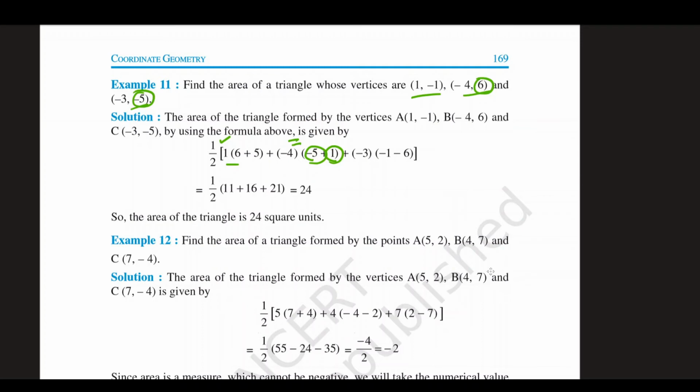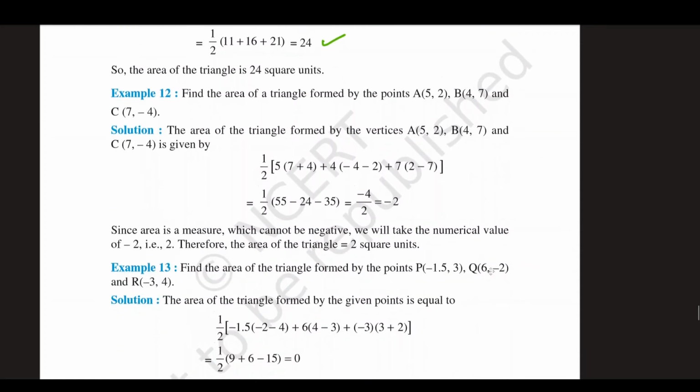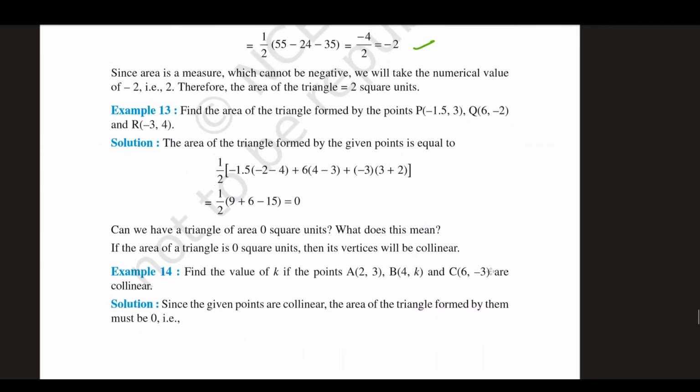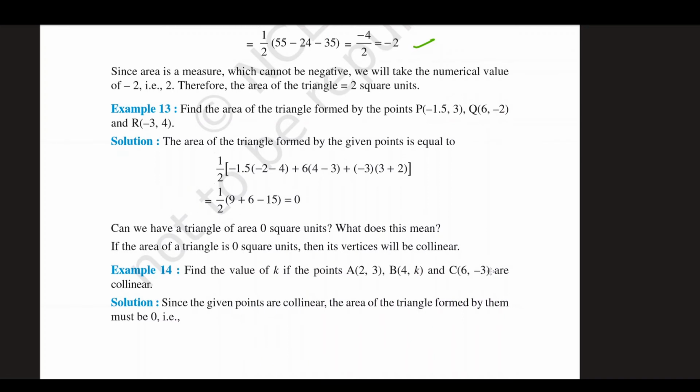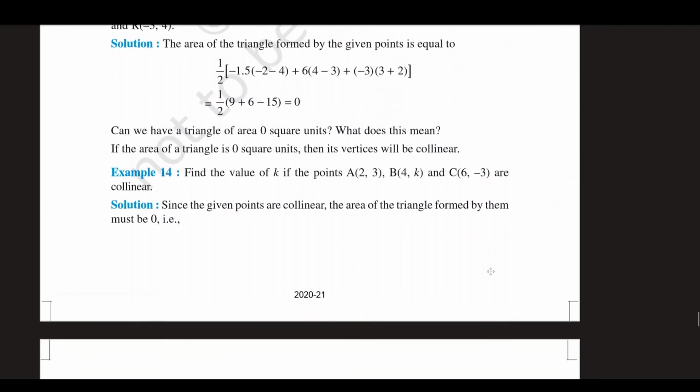Okay, then x3 into y1 minus y2. Just solve it and you will get 64. The same is with this question, just put the values and get the answer. This question is also the same. This is question number 13. Question 14 is different.